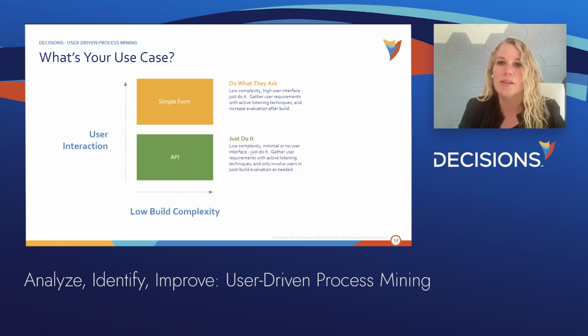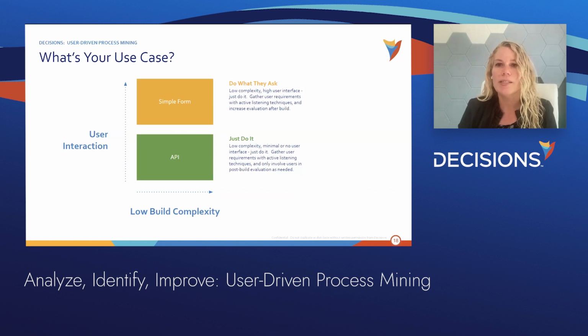So starting with the 2 on the left, the example of low complexity with low user interaction, like an API, those are things that I recommend, based off of Beth's 2x2 here, that you can just do. They generally have very clear instructions: I need you to connect these and make this field match with each other.